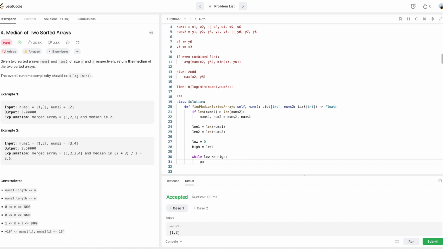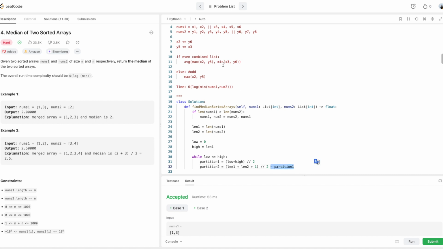we calculate our partition 1 equal to low plus high, divided by 2. Partition 2 equals length 1 plus length 2, so the total length, plus 1, divided by 2, and then we minus partition 1.